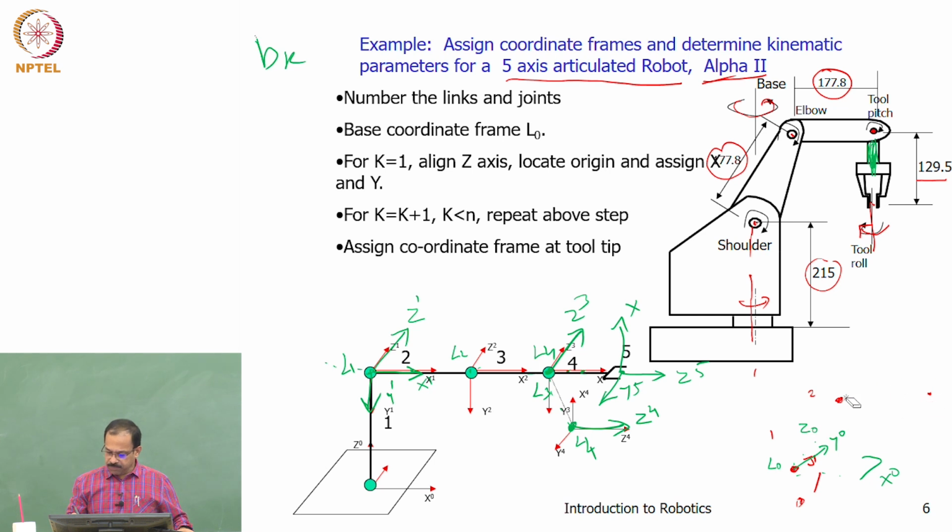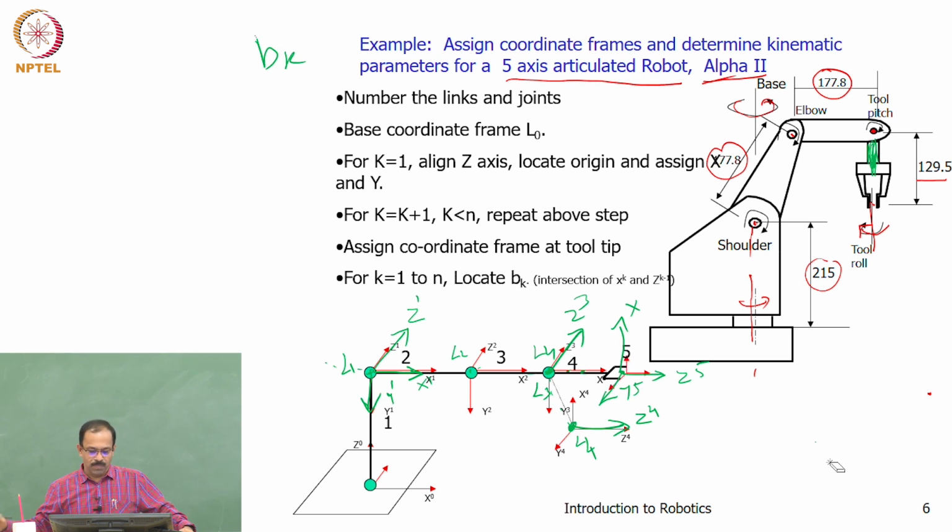So what is BK? BK is the intersection of xk and zk minus 1.